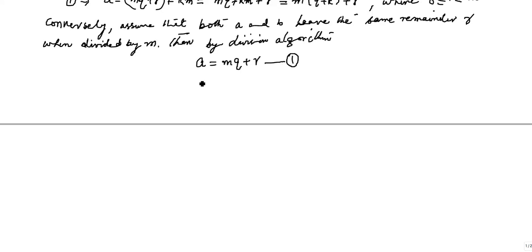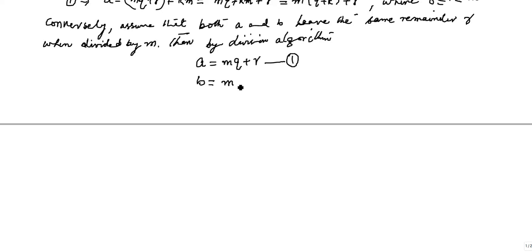Similarly, if B is divided by m, then by the division algorithm there must be two unique integers, suppose q prime and r. We have to take the same r because it is given here that the remainder is the same.